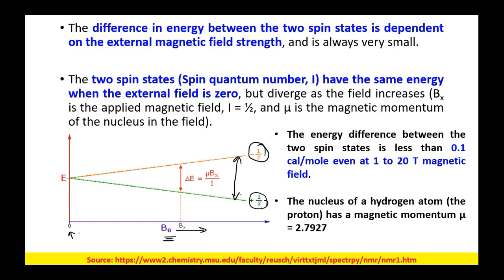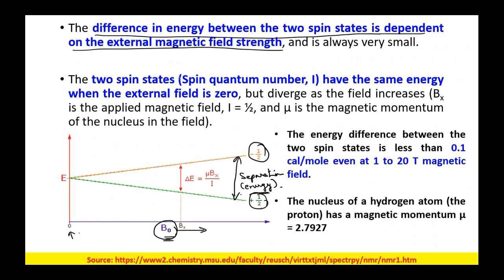The difference in energy between the two spin states is dependent on the external magnetic field strength. The higher the magnetic field strength you apply, the greater the separation between the two spin states in terms of energy.